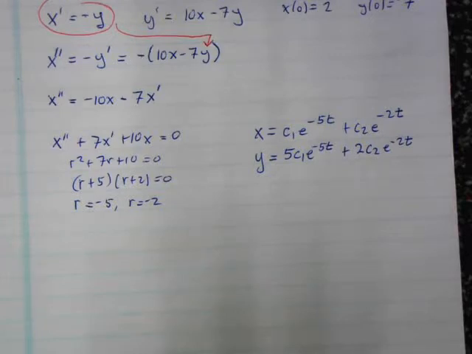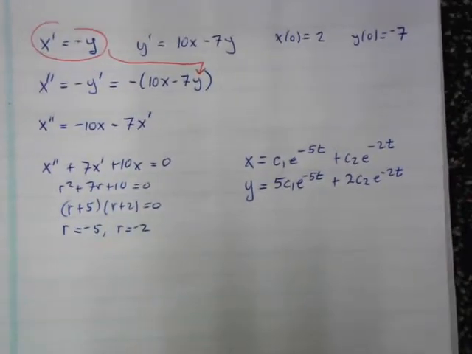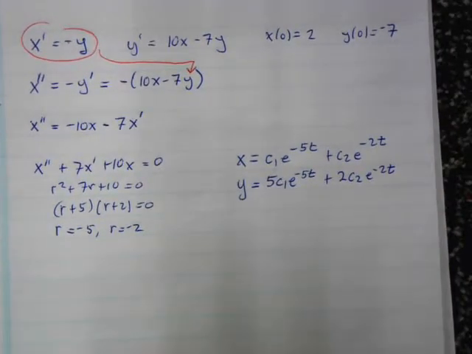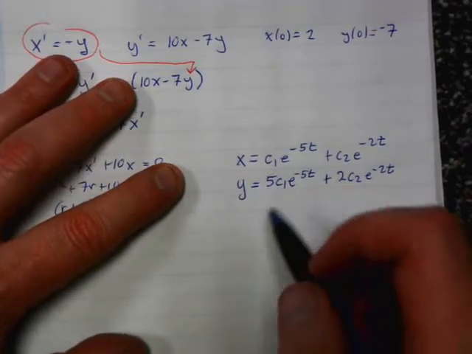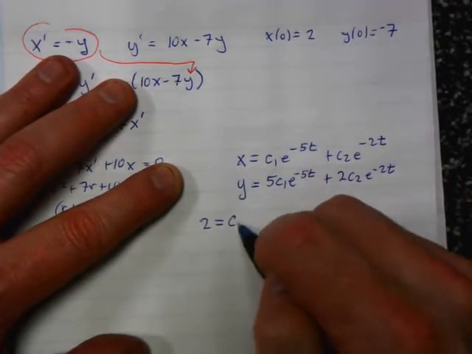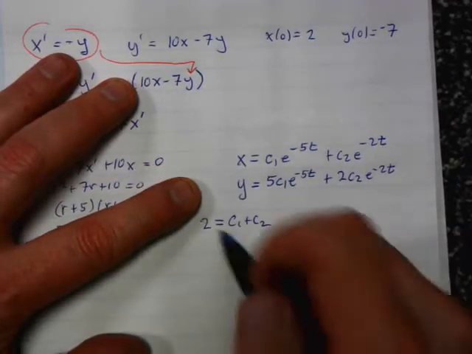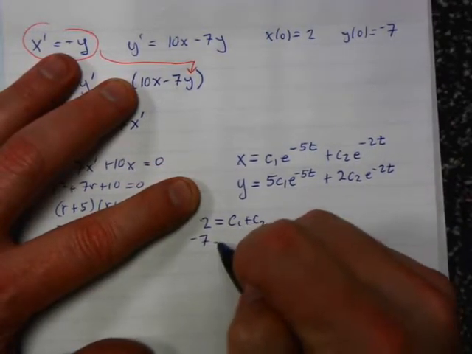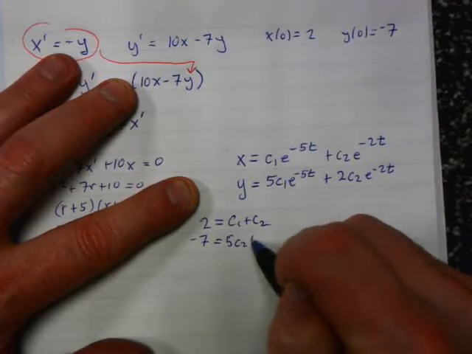Not quite done though, why not? I have initial conditions, so I got to plug those in. So I'm going to have 2 equals C1 plus C2. And then I'm going to have negative 7 equals 5C1 plus 2C2.